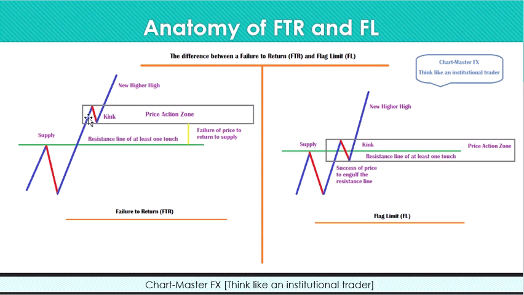Here the price created a kink later. Here the price created a kink earlier. Here the price did not engulf the resistance line. Here the price engulfed the resistance line. So this is the general anatomy of the flag limit and the FTR.